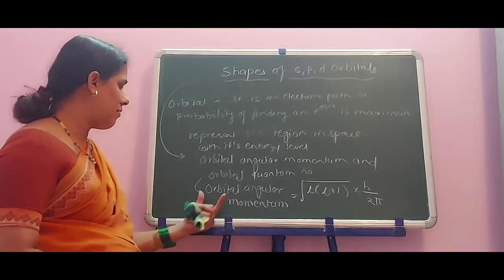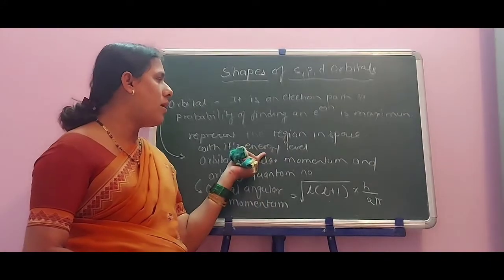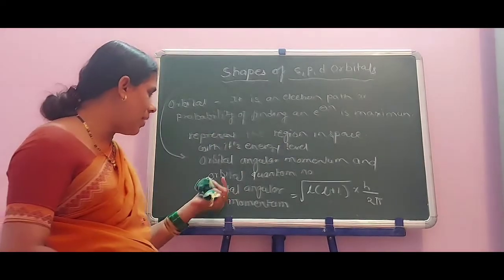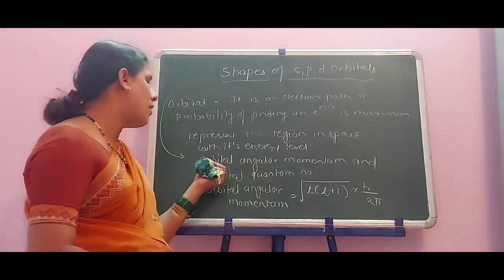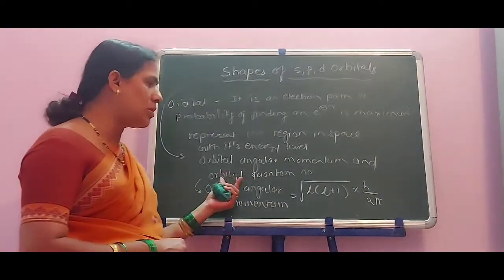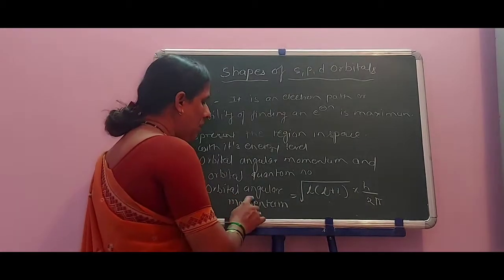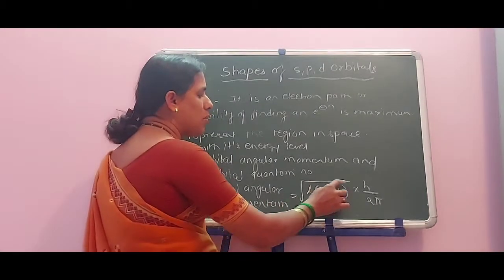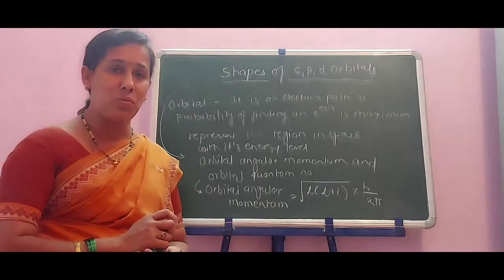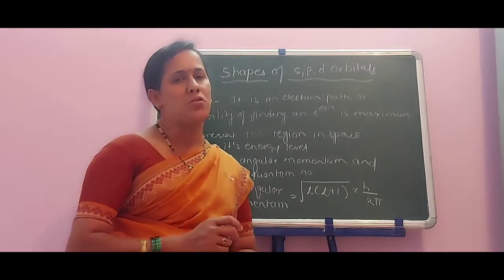So shapes of orbitals represent the region in space where the electron can easily be found, related to the orbital angular momentum and the orbital or azimuthal quantum number, denoted by small l. Here h stands for Planck's constant, equal to 6.67 into 10 raised to minus 13.